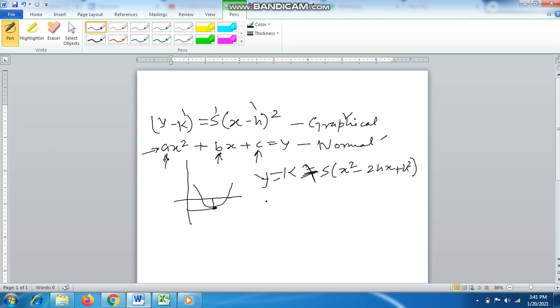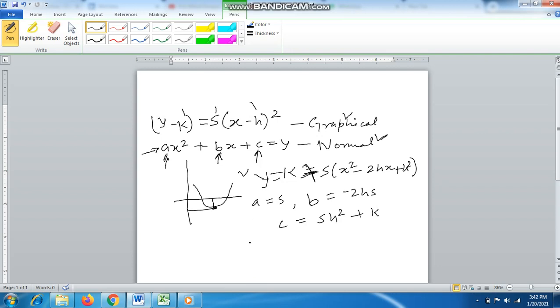Once we simplify, we get a is equal to s, b is equal to minus 2hs, and c is nothing but sh square plus k. Now, how does each coefficient affect which part of the parabola?